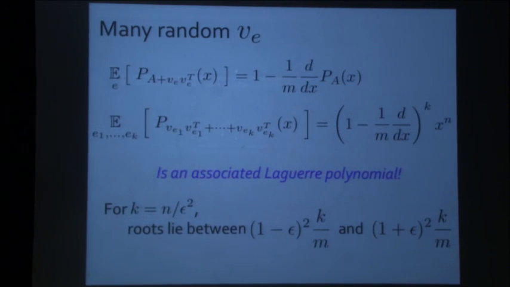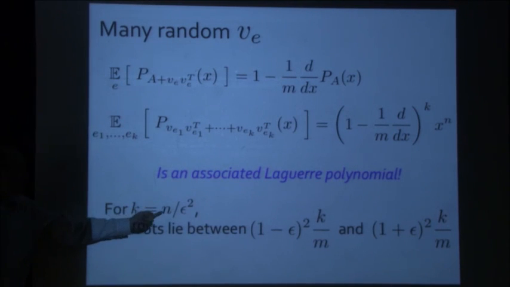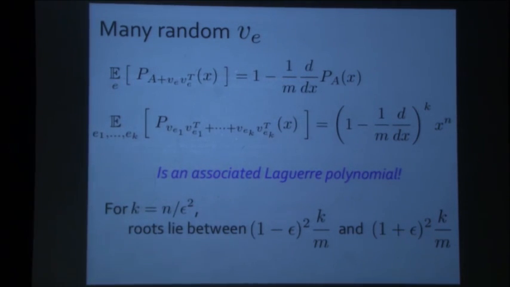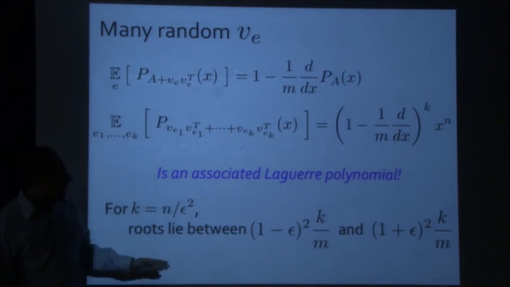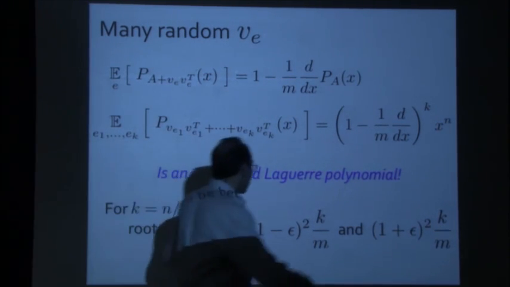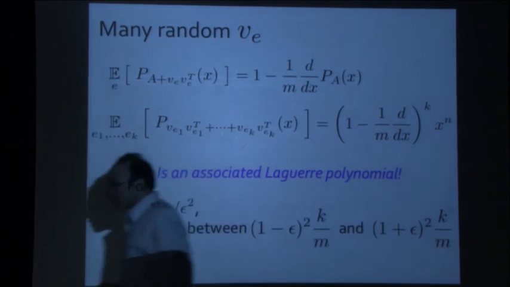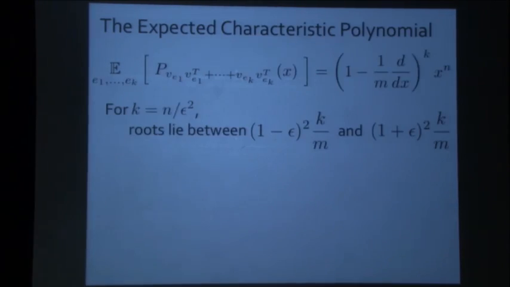In particular, if I take an associated Laguerre polynomial like this, where k is some multiple of n, so n over epsilon squared, we know that the roots are, up to a scaling factor k over m, basically between 1 minus epsilon squared and the square of 1 plus epsilon. The important point is the ratio of these two terms grows small as epsilon grows small. So as you go out far enough, all of the roots of the associated Laguerre polynomials compact together very nicely. And this was the inspiration for our analysis.